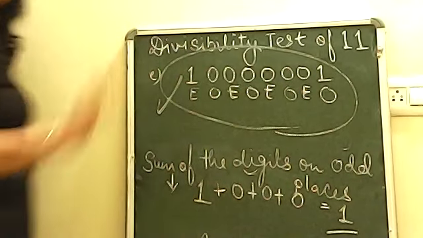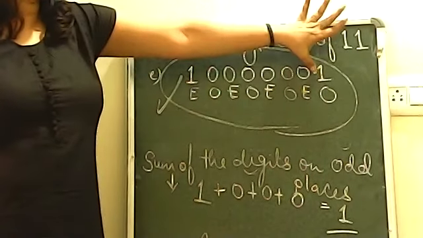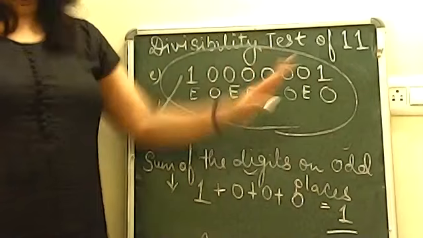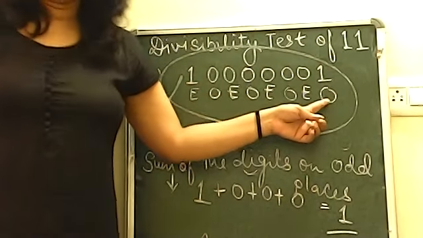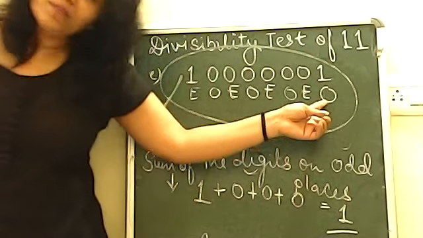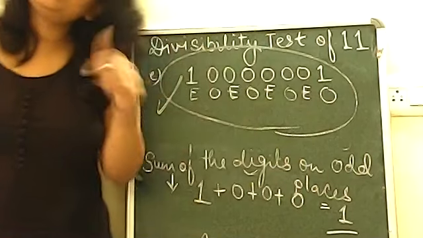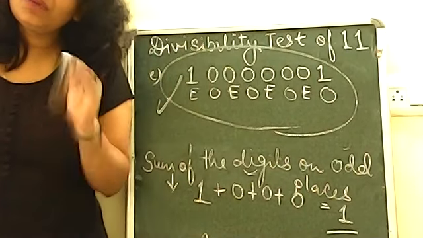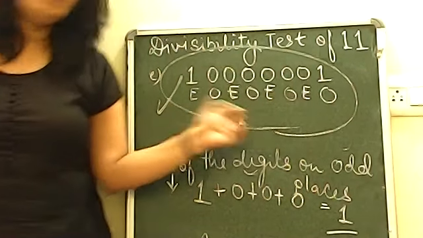Why is it odd? Again I'm telling you, don't think it is odd because it is written as 1. No, it is not like that. This is the first place because you always start counting from the beginning. First means 1, and 1 means the odd one. So this is odd, then even, then odd, even, like this.